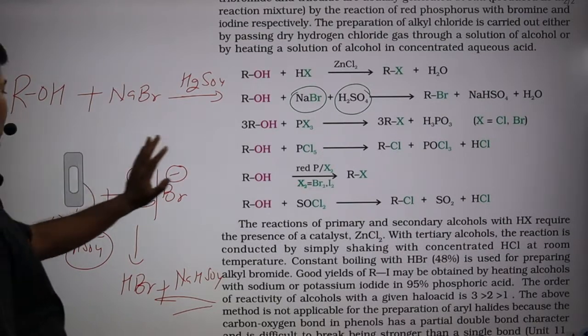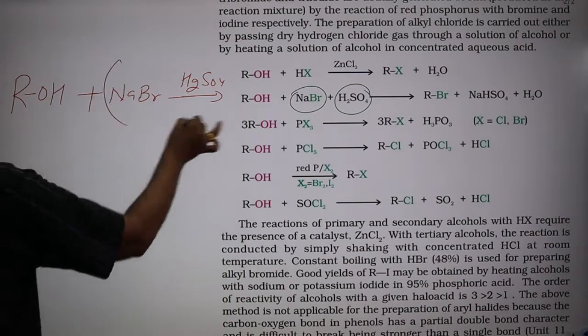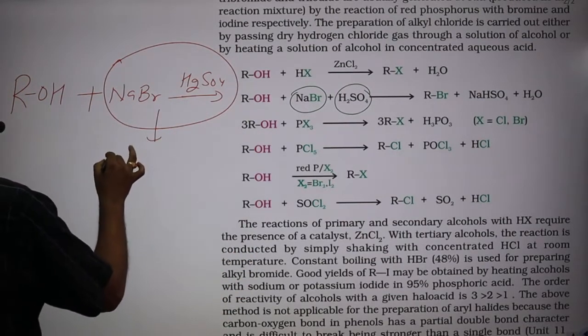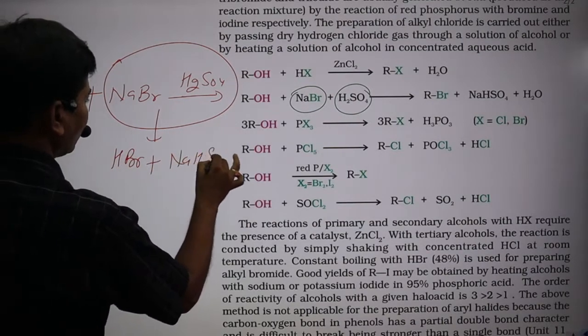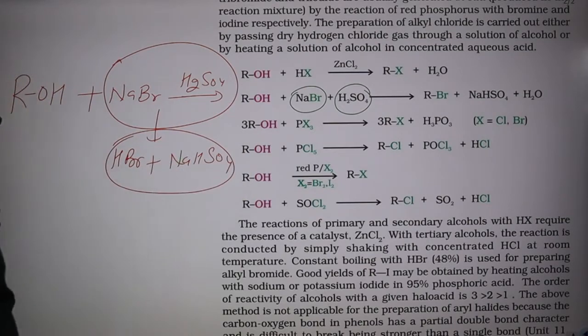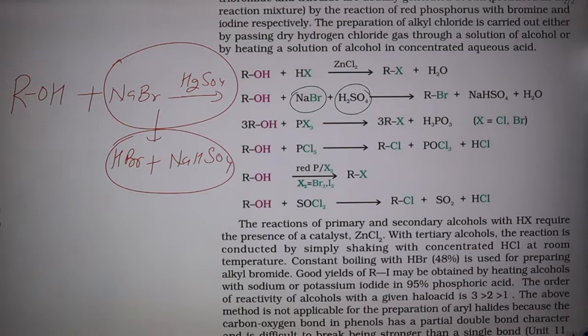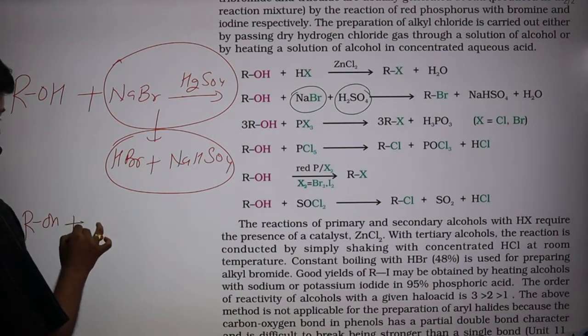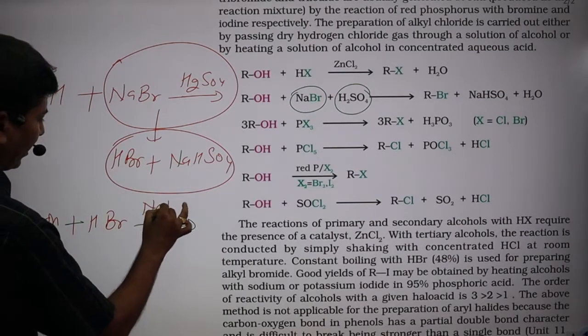So this mixture is exactly giving us HBr and NaHSO4. In general, this alcohol is reacting with HBr, so we have ROH reacting with HBr, and we have NaHSO4.